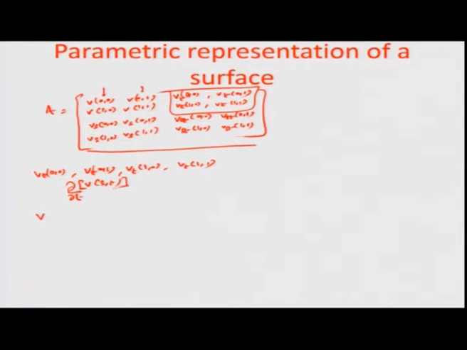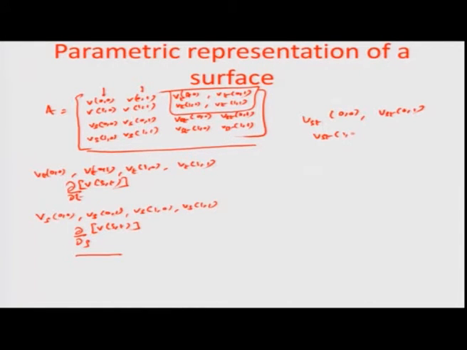When we are talking about V s 0 0, V s 0 1, V s 1 0 and V s 1 1, we refer to the slope in the s direction, or with respect to the s parameter. And when we are referring to V s t 0 0, V s t 0 1, V s t 1 0 and V s t 1 1, we are referring to the cross slopes, that is del 2 by del s del t or del t del s, of V s t, evaluated again at the different values of the s's and the t's.